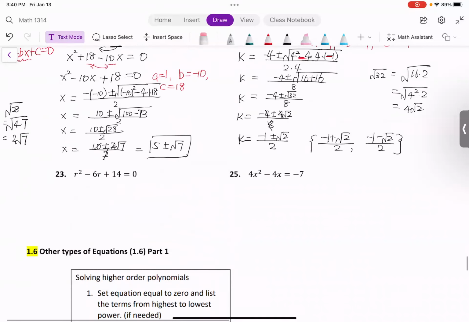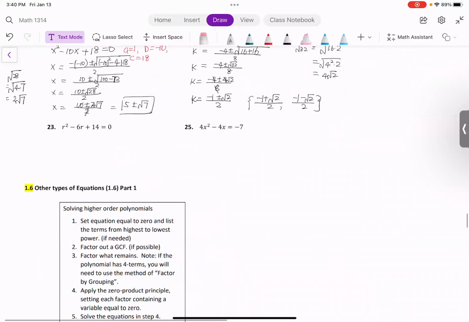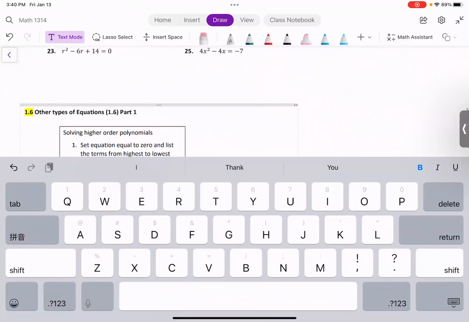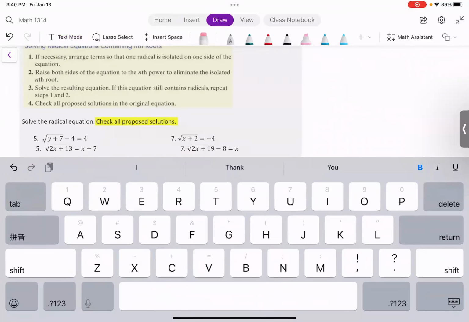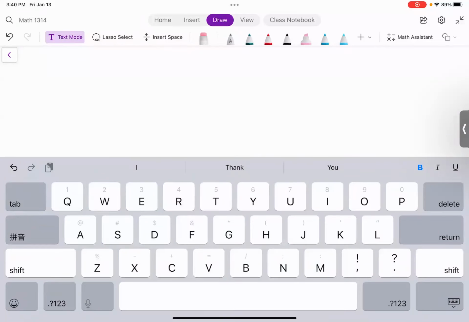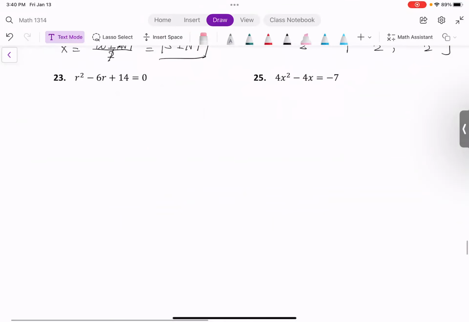I think the space is not enough. Let's see how to move this part away. Drag it. I think that works. Yes, I have more space now.